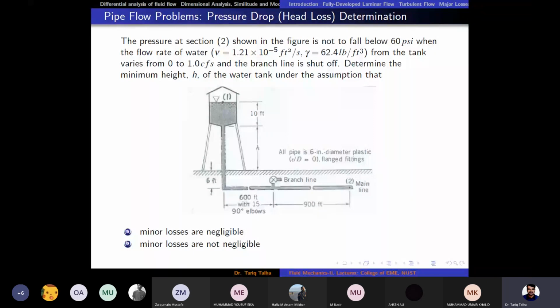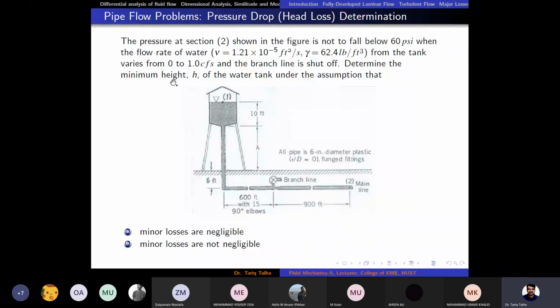So the flow rate of water, whose kinematic viscosity and specific gravity value is given, from the tank varies from 0 to 1 cubic feet per second. CFS means cubic feet per second. And the branch line is shut off. So this branch line here, which is shown in the piping system, is shut off.